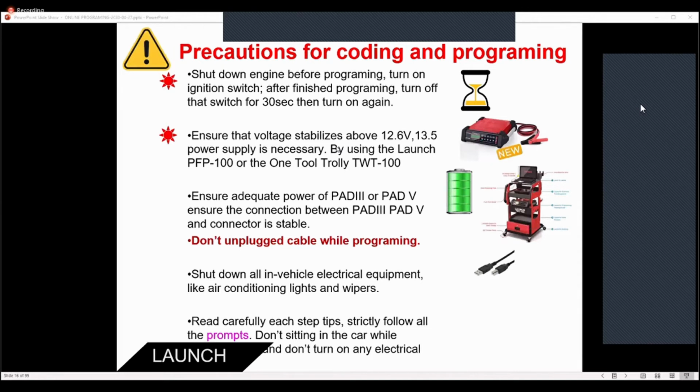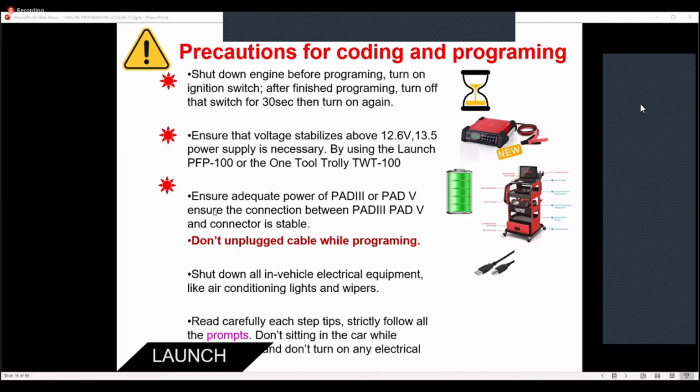Because some vehicles will turn on other accessories to maintain the voltage, like BMW and Mercedes. Some BMWs draw up to 90 amps. They turn on fans, wipers, everything like that during the process. So a battery maintainer or stabilizer, like the PFP 100, needs to be applied to the battery.